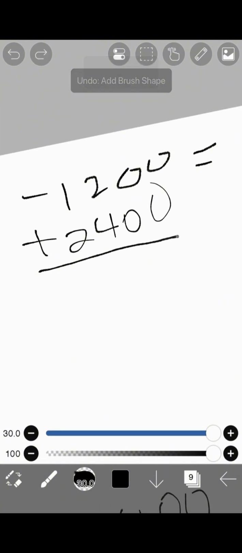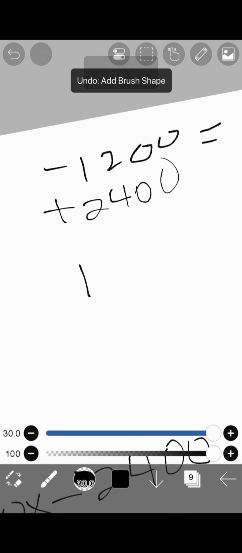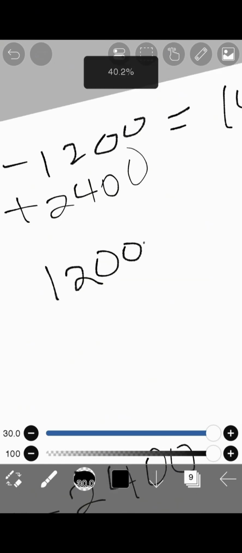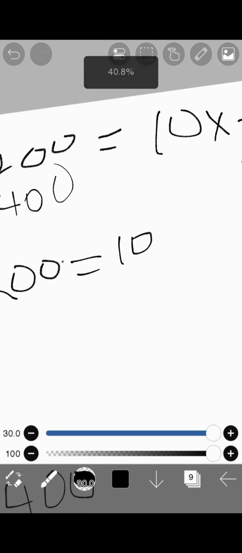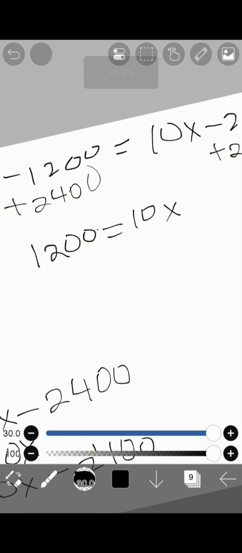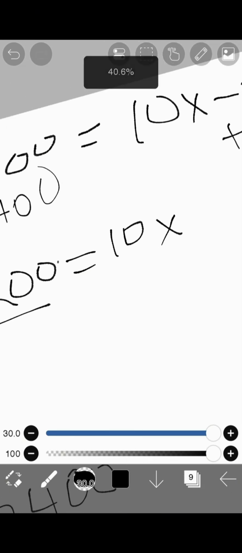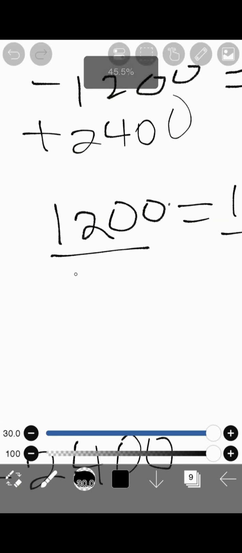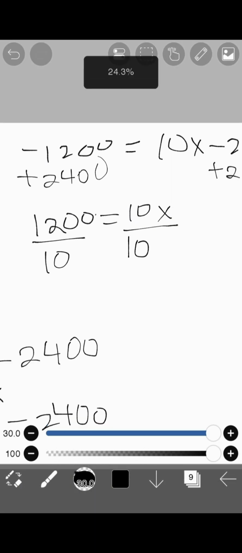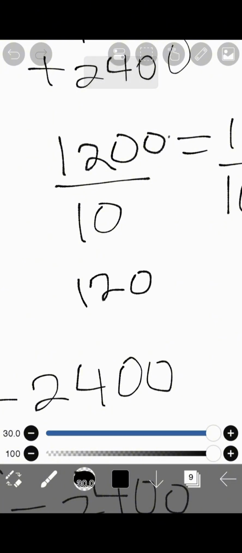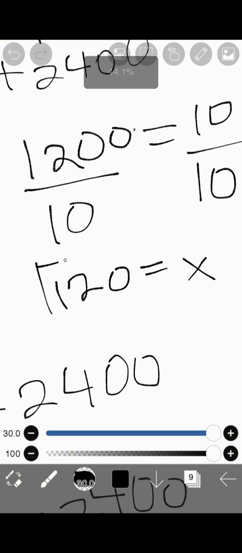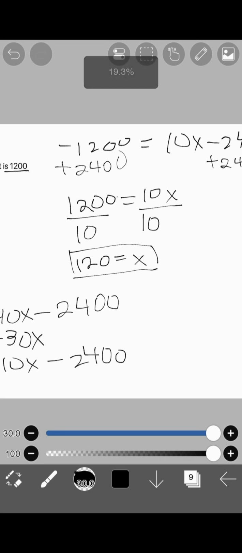Since our positive number is bigger, we get 1,200 equals 10x. Then we do the division property of equality, which means we divide both sides by 10, which we would get 120 equals x. This is our point of intersection.